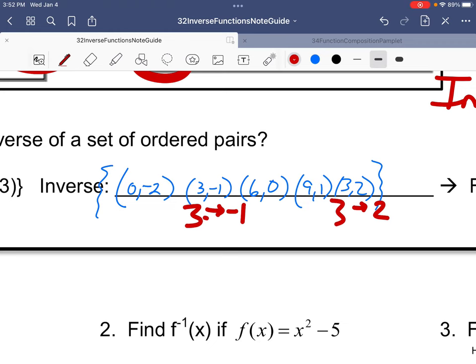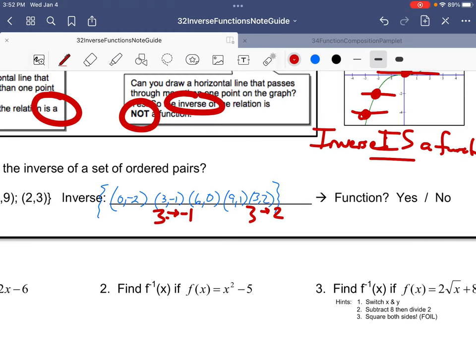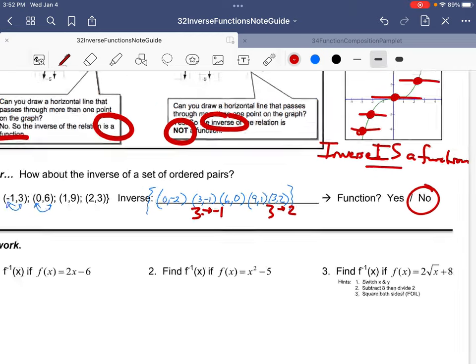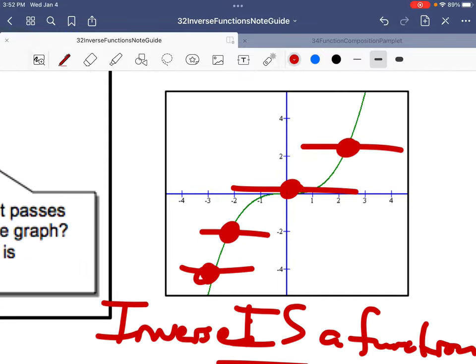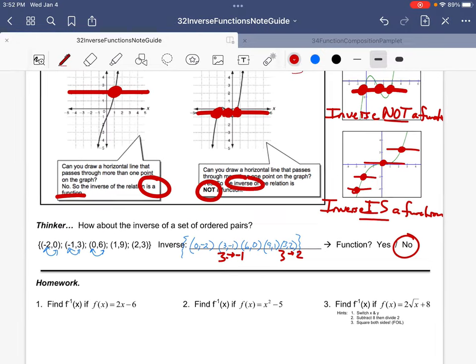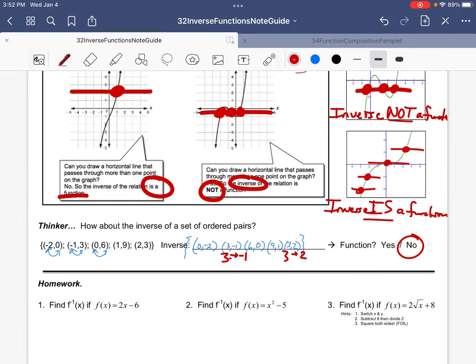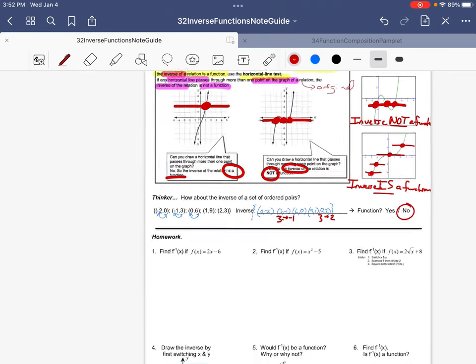And remember, that means that it's not a function. Now, you might think that the inverse is never a function. Well, be careful, that's not true. Sometimes the inverse is a function. It all depends on your x's and y's. But here I notice that when I switch x and y, my resulting list of points is not a function.